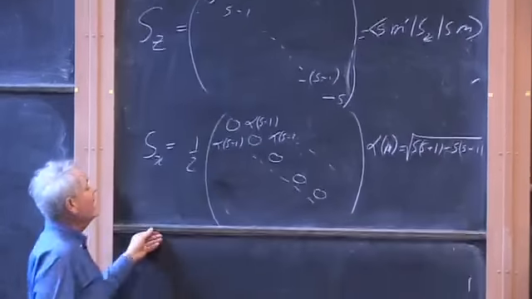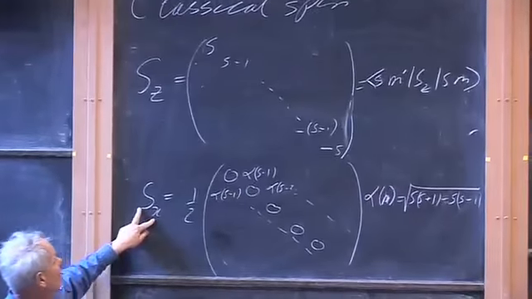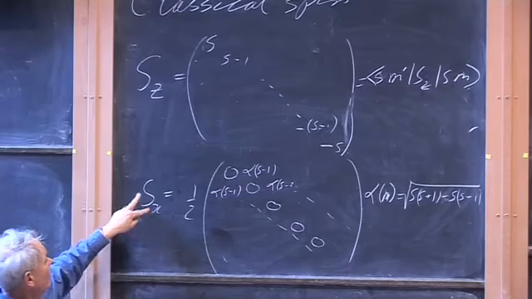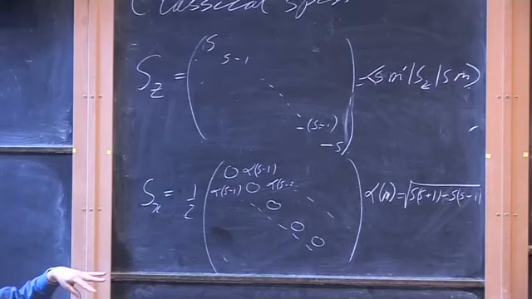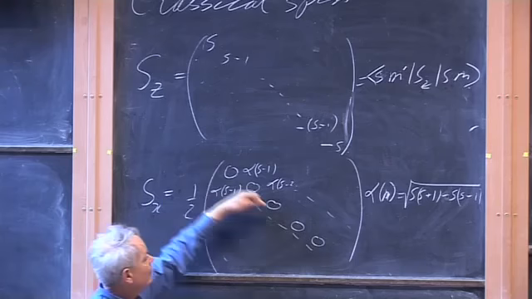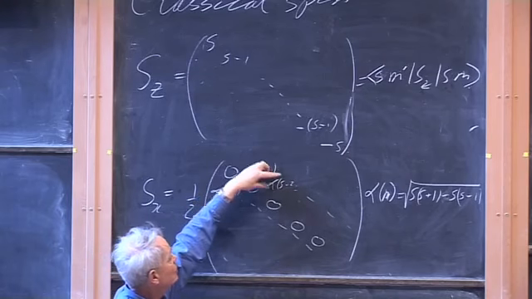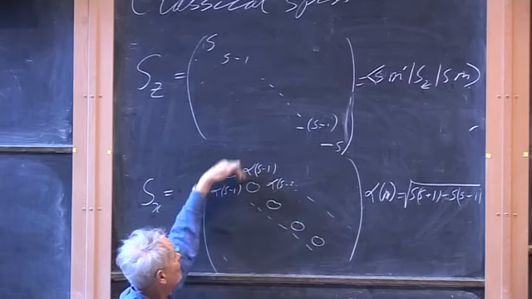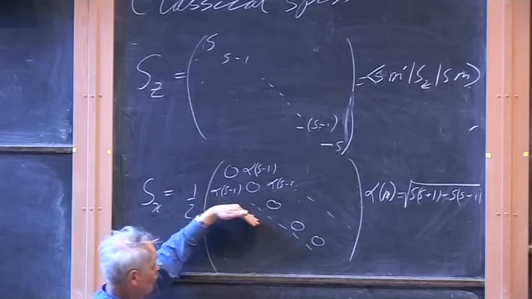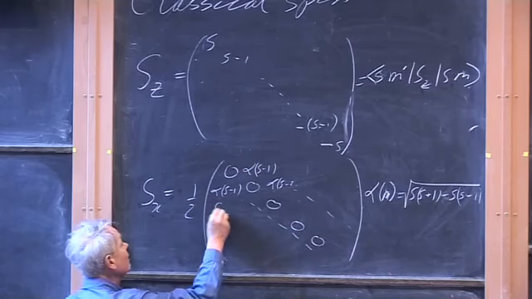And in the case of Sx, we replace Sx with a half of S plus S minus, and then we have nothing down the diagonal, but we have non-zero entries just on the diagonal that lies one above the main diagonal and on one below, and zero everywhere else.